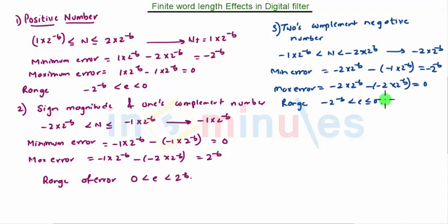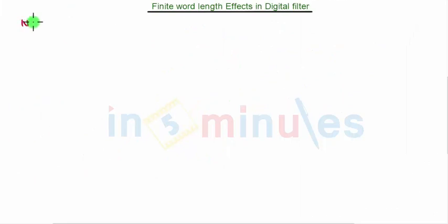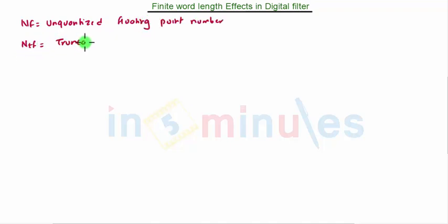So the truncation error will be always negative. In the floating point representation, the mantissa of the number alone is truncated. The truncation error in floating point number is proportional to the number being quantized. So let us say that NF represents unquantized floating point number and NTF represents truncated floating point number.